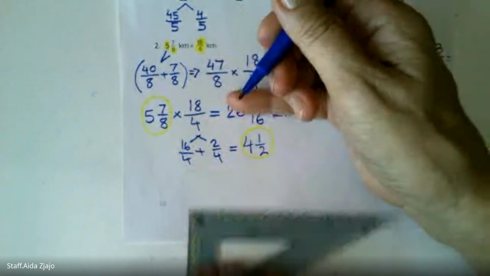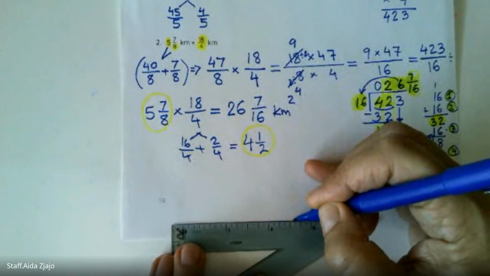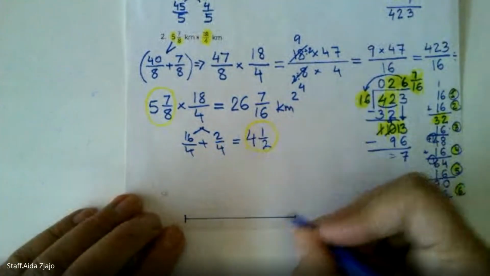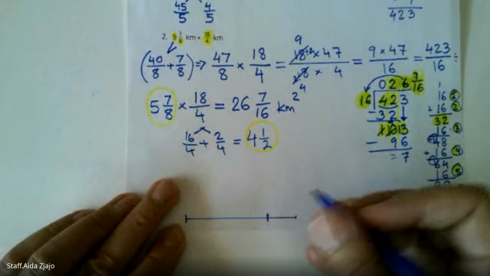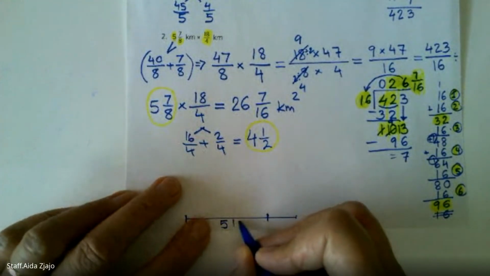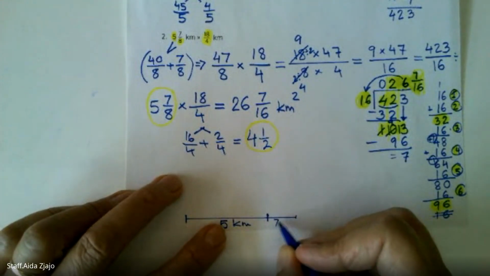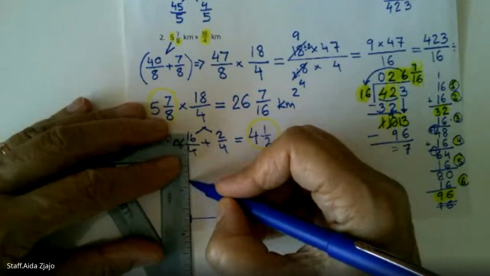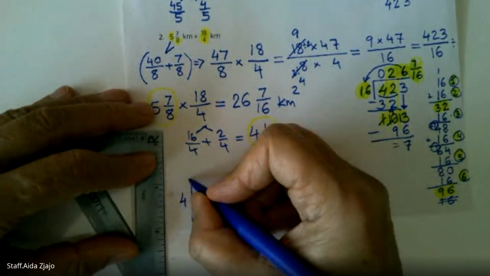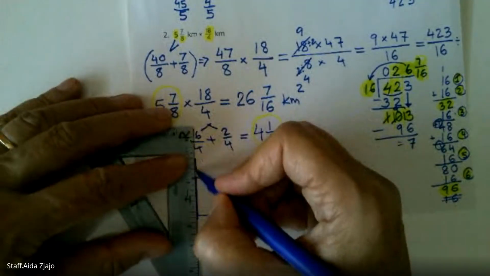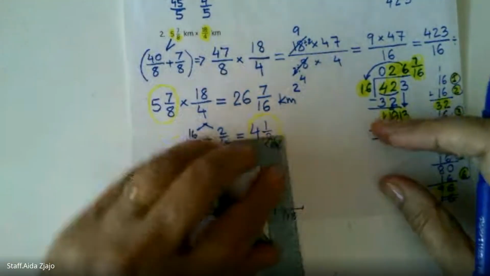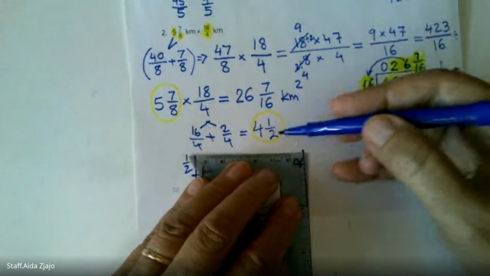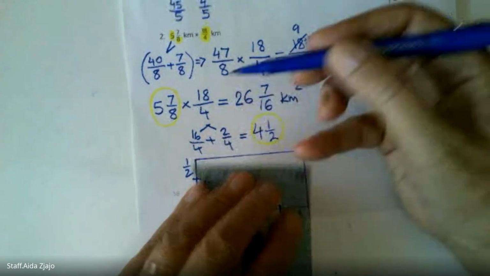So let's see, this is approximately, let's see, this is 5 kilometers and this is 7/8. And then 4.5. If this is 4, and this is half, I will create this rectangle.